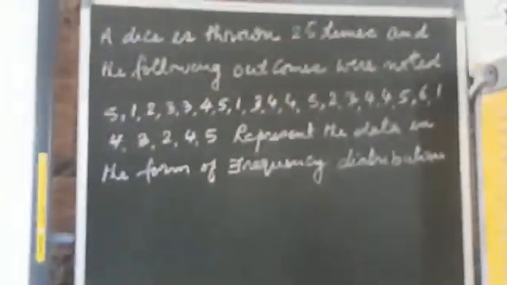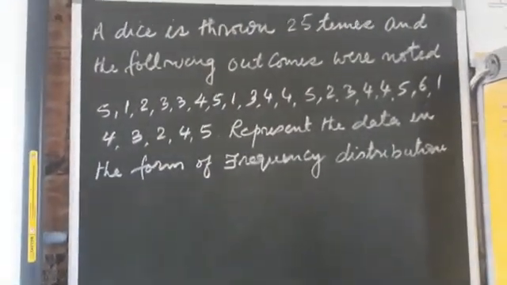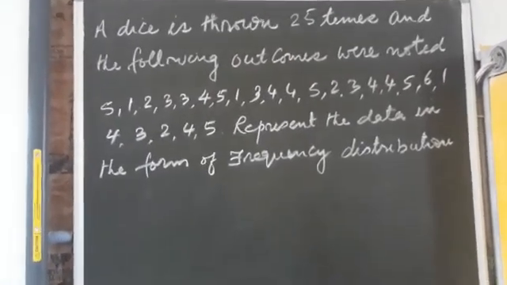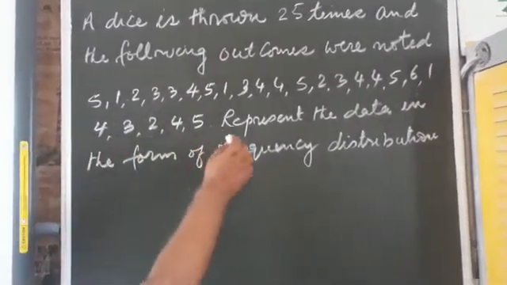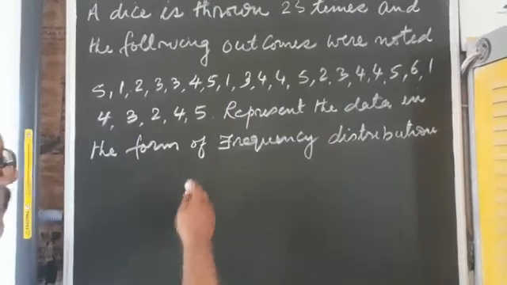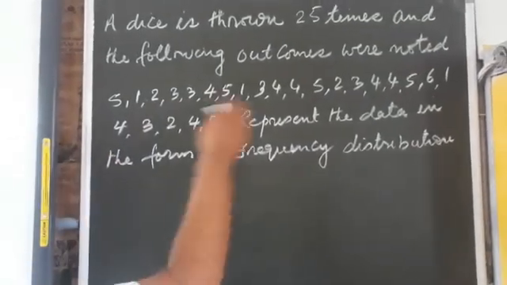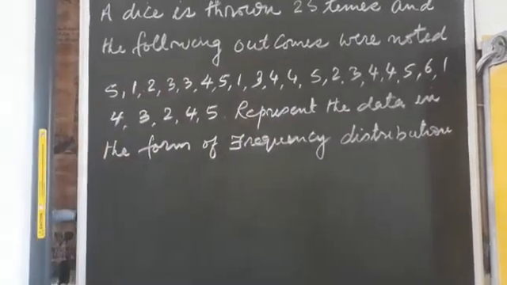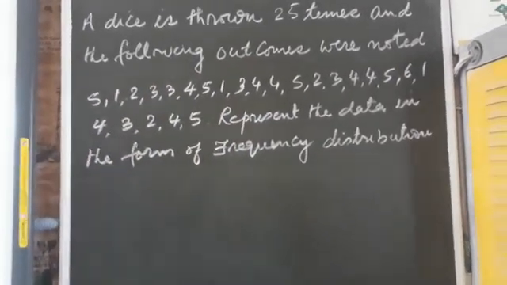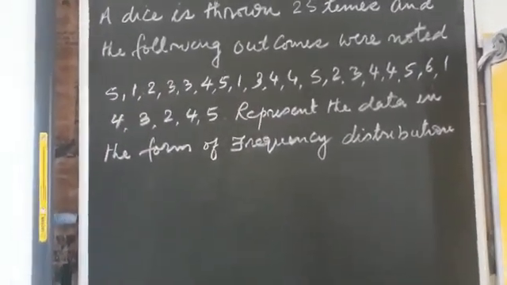A dice is thrown 25 times and the following outcomes were noted. Represent the data in the form of a frequency distribution. This is all ungrouped data, and we have to represent it in a table known as the frequency distribution table.